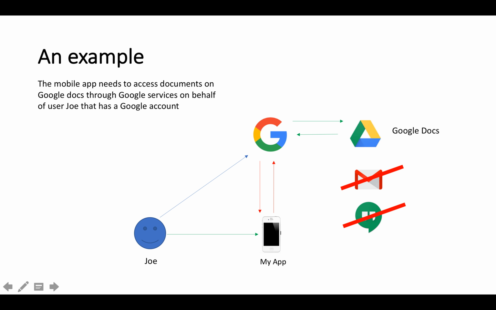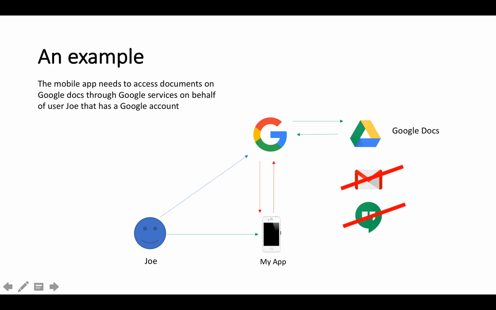So this application will ask Joe if he wants to log in with his Google account. He will answer yes, and the application will send this answer to Google services. Google services will verify that the account exists, and ask Joe again if he authorizes the tax application to use the data and documents that he has on Google Docs.